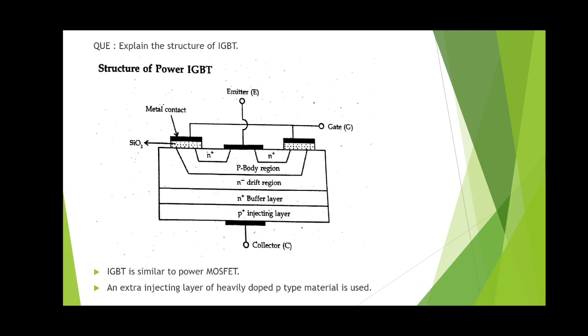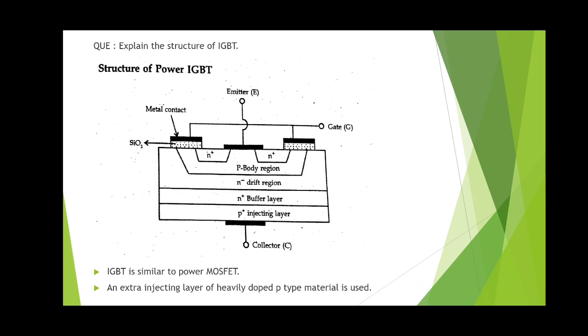Next we will go with another question that is asked. Sometimes it is asked as write the structure of IGBT. That time we will simply draw this structure which is shown in the figure. Sometimes if it is asked for more marks, we can go with the explanation.